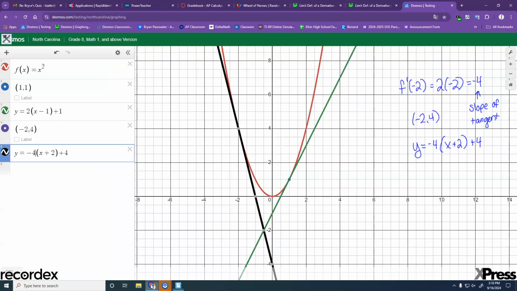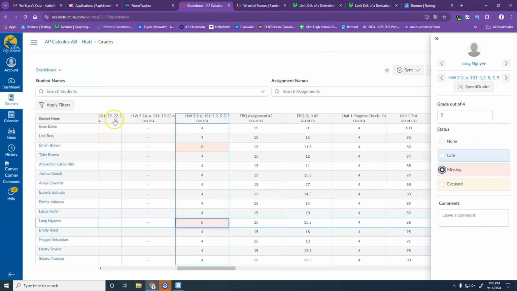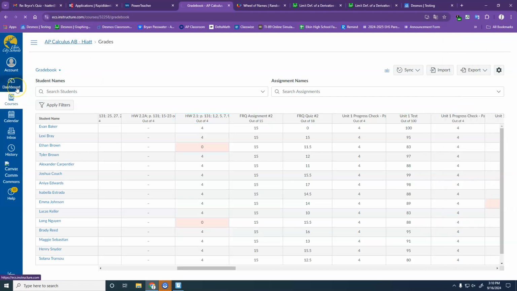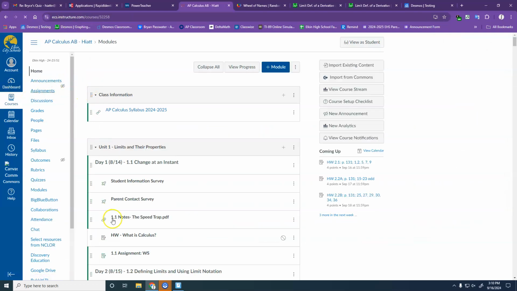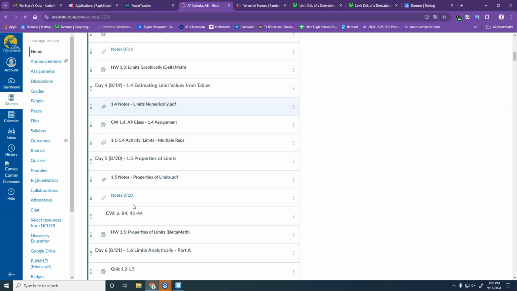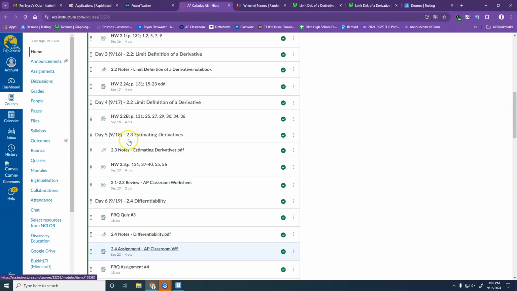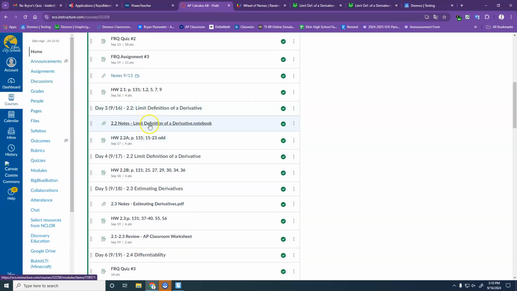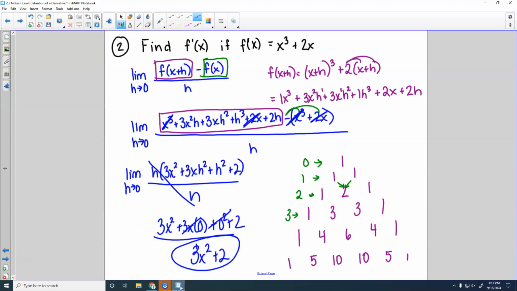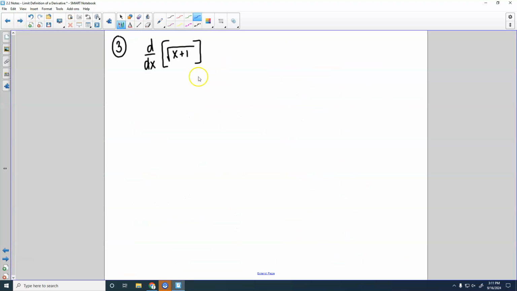So let's do a couple of these for our homework. Let me look at the problems. 15, 17, 19. It is the same page as last night, or over the weekend.